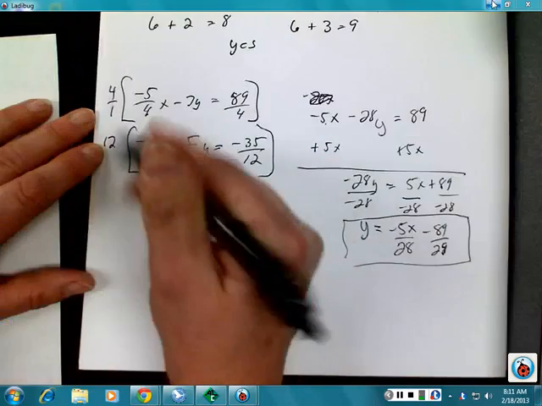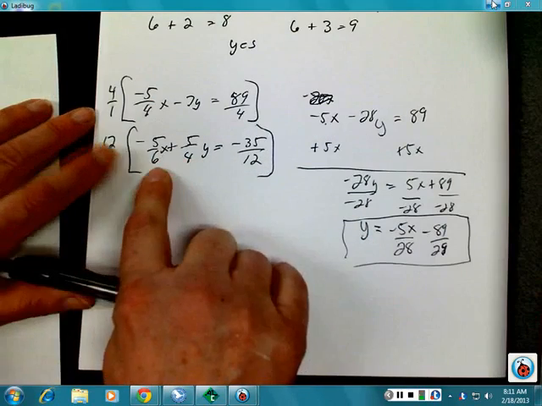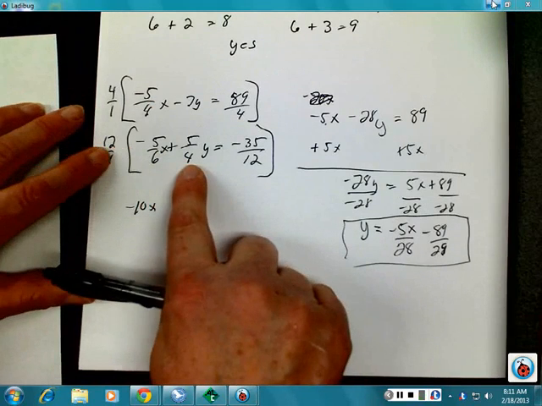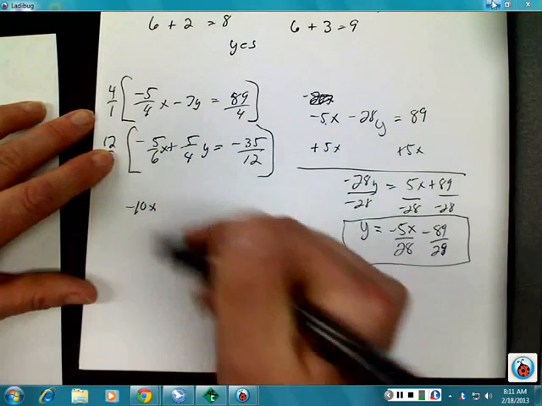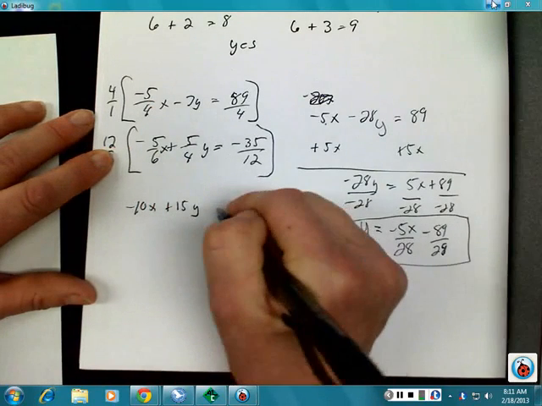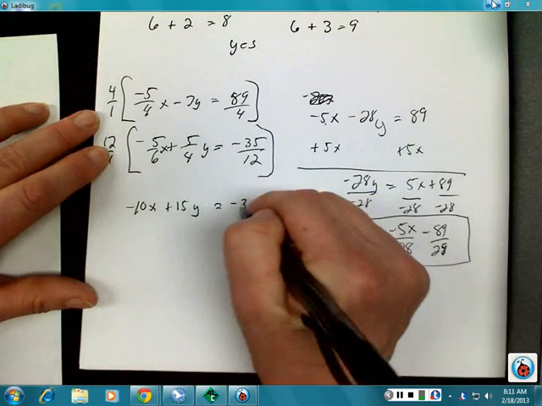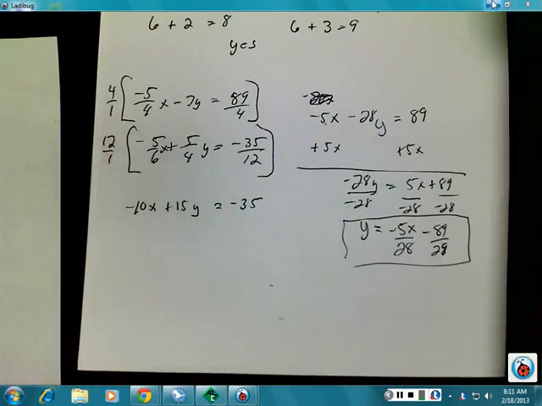6 will go into 12 twice. 2 times a negative 5 is a negative 10x. 4 goes into 12, 3. 3 times 5 is 15y. And 12 goes into 12 once. 1 times a negative 35 is a negative 35.